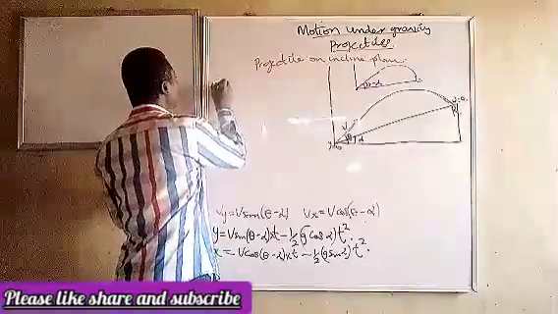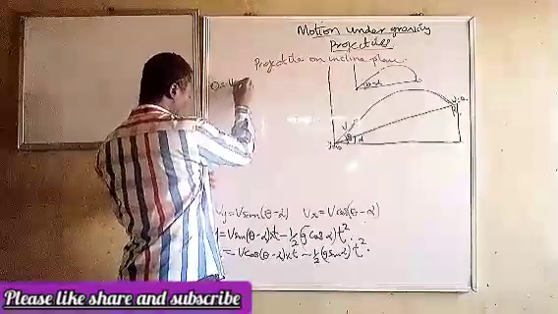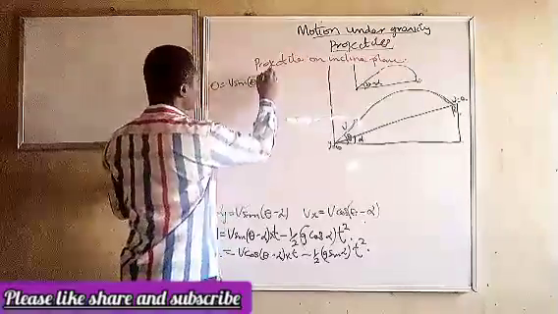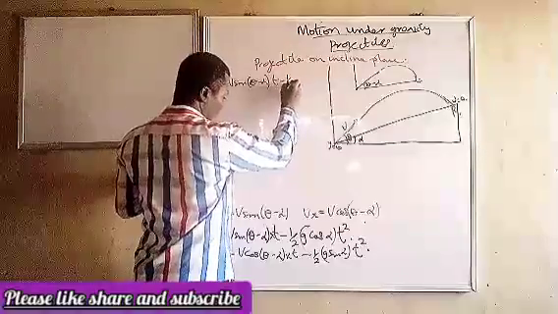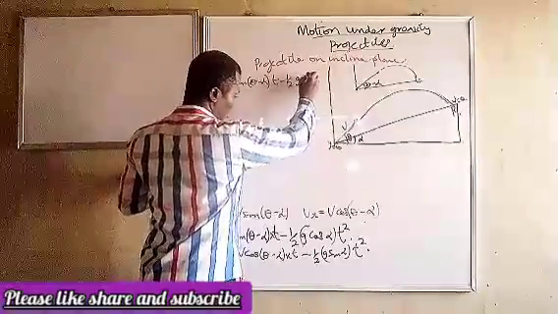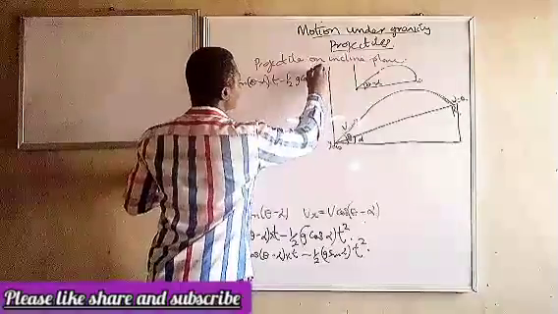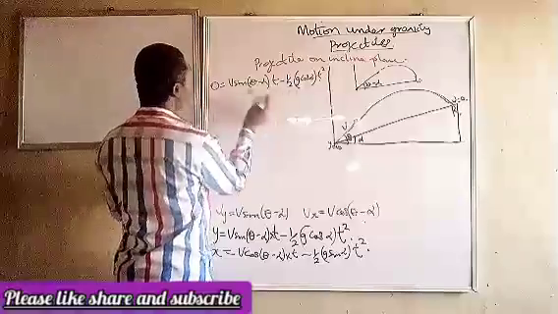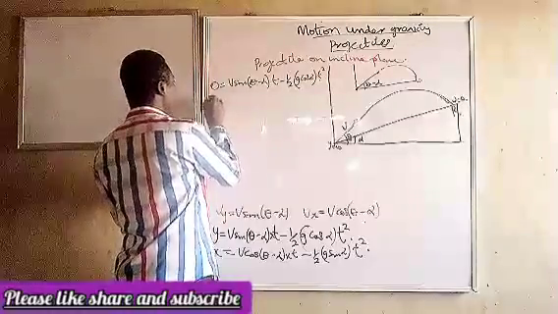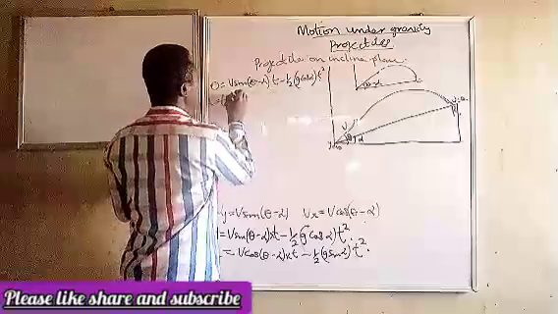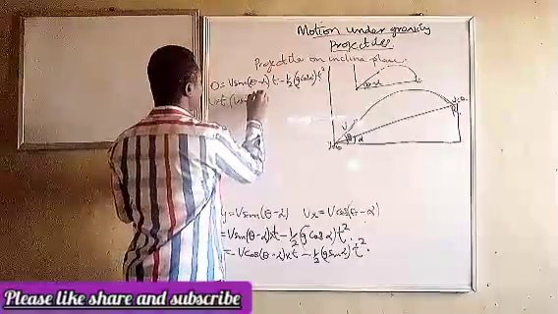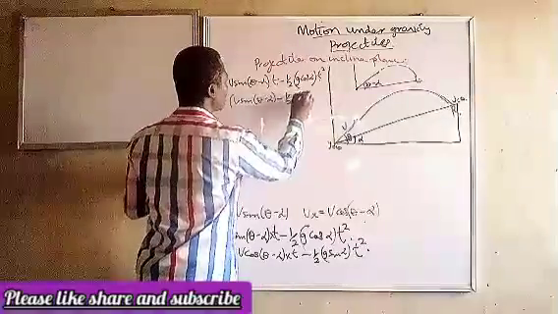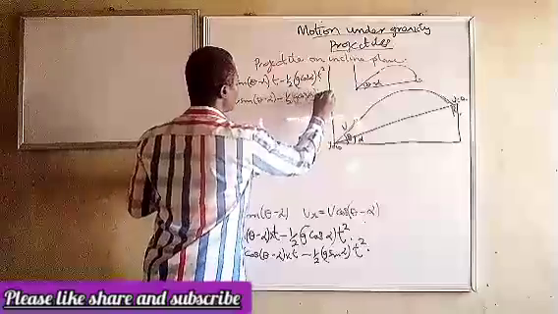So 0 equals v sine theta minus alpha into t minus half g cos alpha t squared. Therefore, we can also factorize and say, okay, 0 equals t into v sine theta minus alpha minus half g cos alpha t.